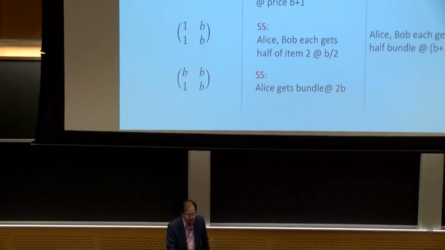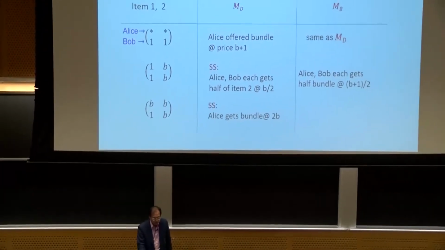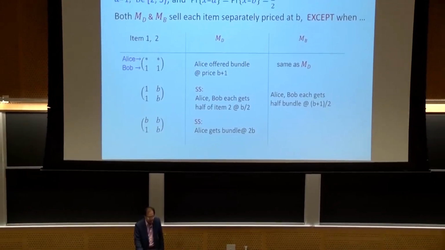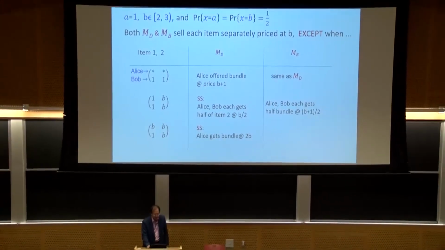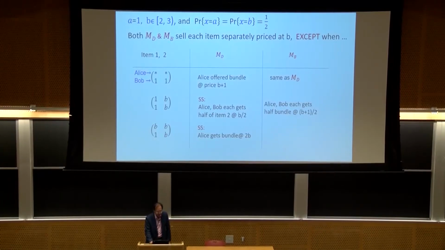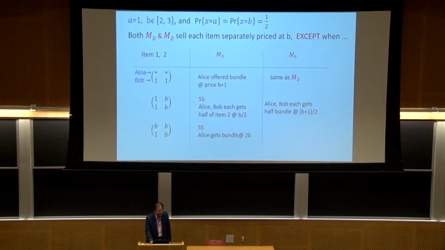And now, correspondingly, you also have to do something special, namely that if one of them has a low and a high, and the other one has two highs, then in this case the dominant strategy is still doing the same thing. They're selling both items to the high-valued buyer and getting exactly the full value.